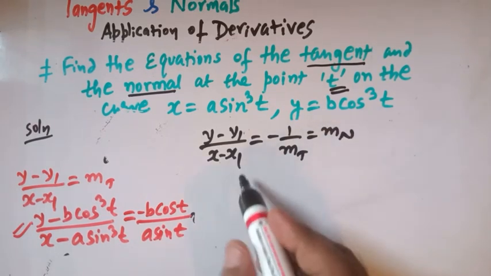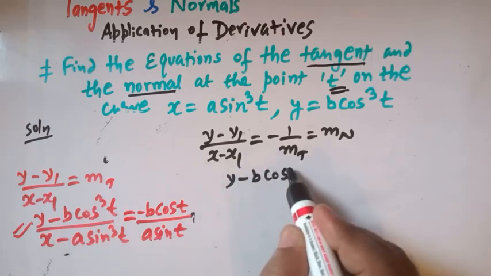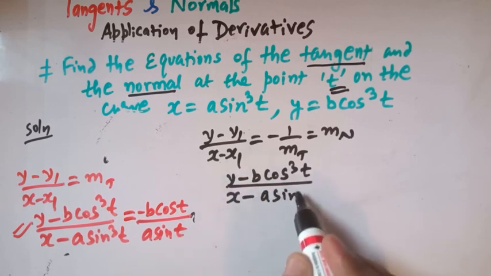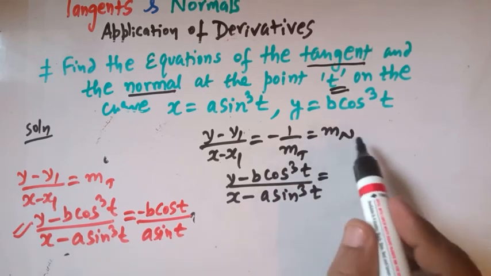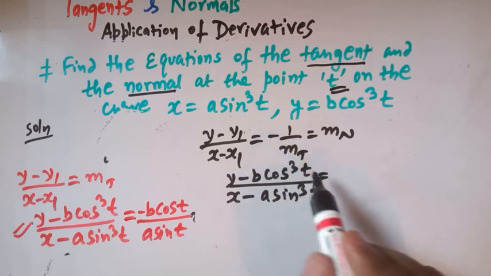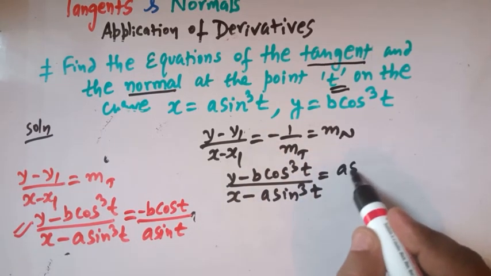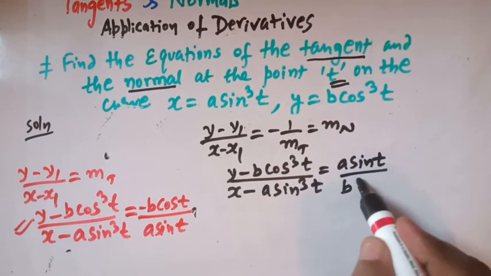Clear? So this is y minus y1, where y1 is b cos cube t, divided by x minus a sin cube t, equal to the slope of the normal, which is a sin t over b cos t.